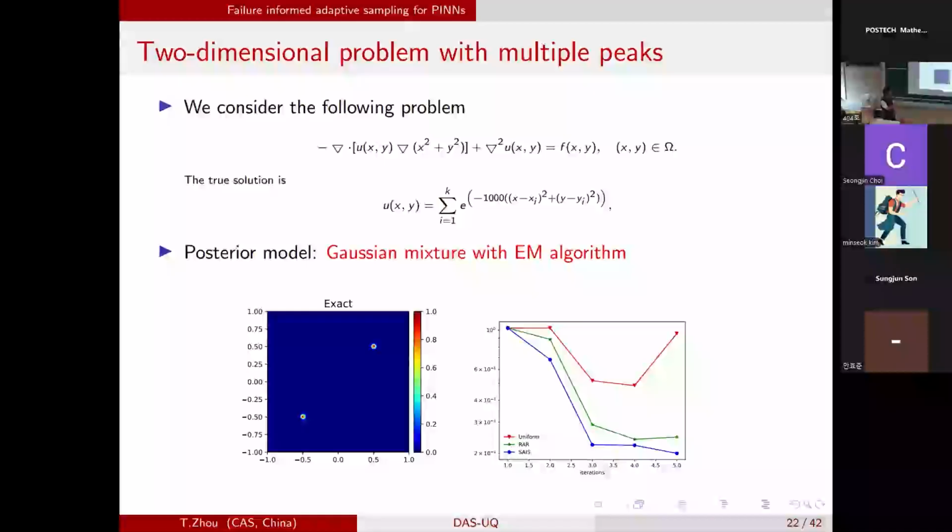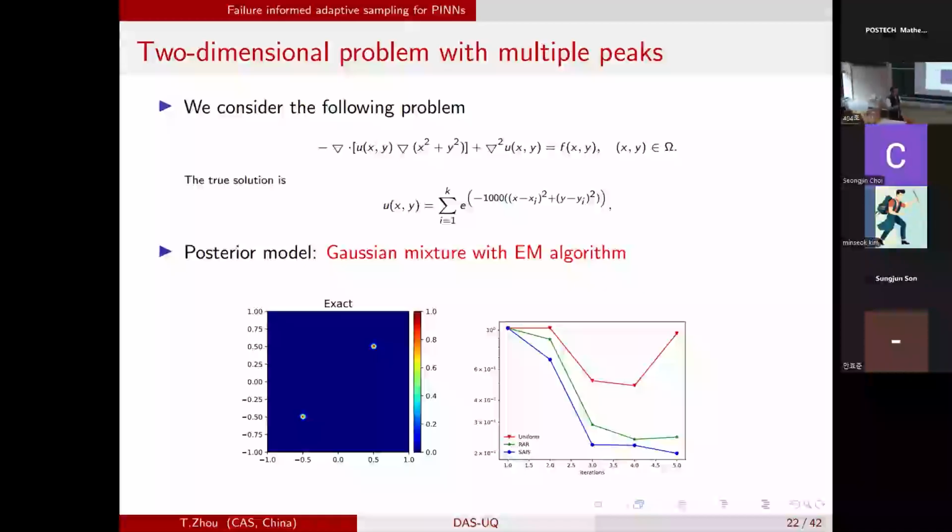If you consider modeling the residual, modeling the solution with a Gaussian density cannot be efficient, right? But in this case, you can use a Gaussian mixture as the posterior model. In each iteration, you can use the Gaussian mixture to model the residual, because the residual is similar to the exact solution.